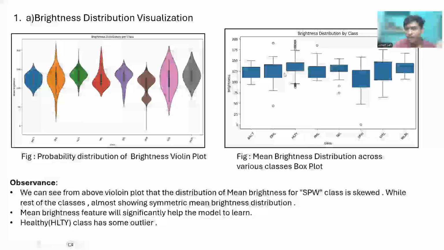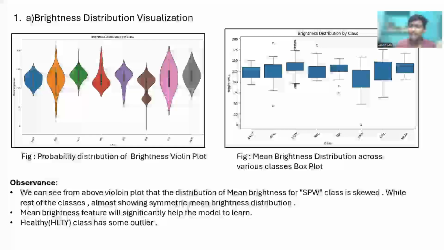From this box plot, which is also called a whisker plot, you will see that this healthy class might have some outliers, 10 to 12, I've calculated. But for this purpose, I have taken it as it is, and not dropped any of the features, because the data set itself has a very limited amount of data for fitting.